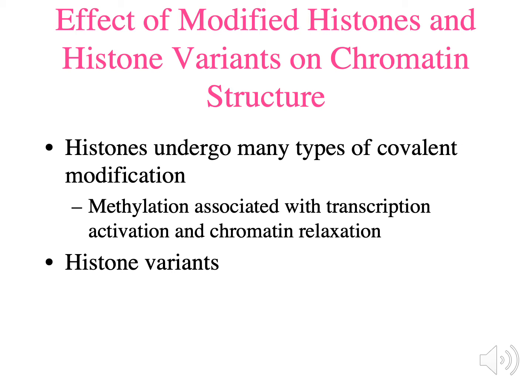So in our previous slide, we had talked about modification of histones in nucleosomes, and we talked about the different types of modifications that we see in nature: acetylation, methylation, and phosphorylation. We actually looked at the different types of amino acids and what types of modifications would be common in those.